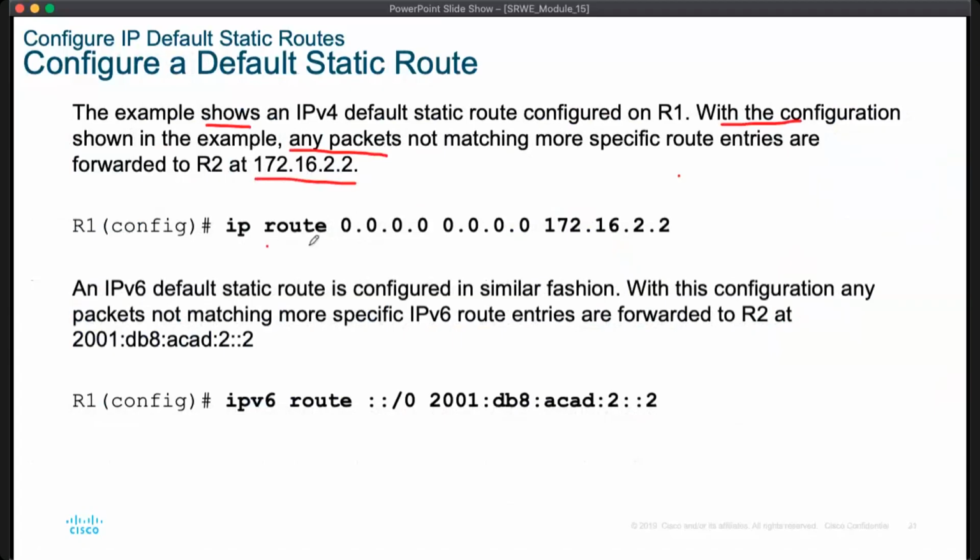An IPv6 default static route is configured in a similar fashion. With this configuration, any packet not matching more specific IPv6 route entries is forwarded to R2 at this IP address.